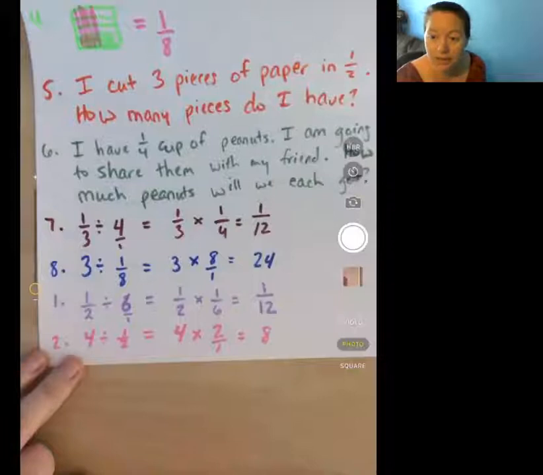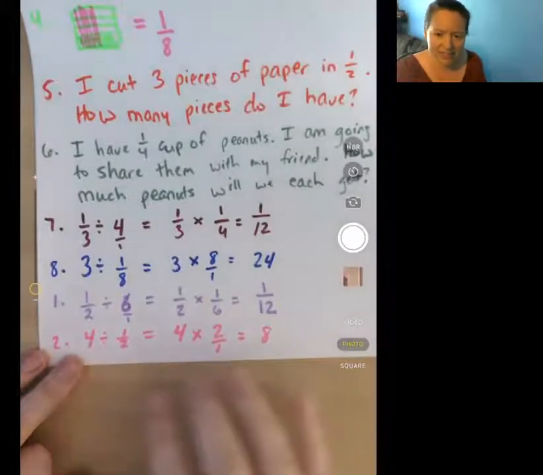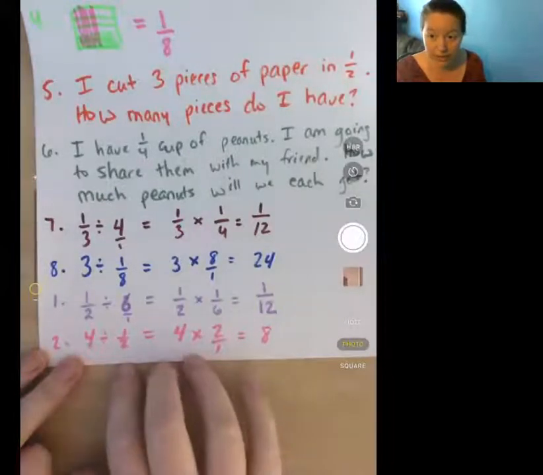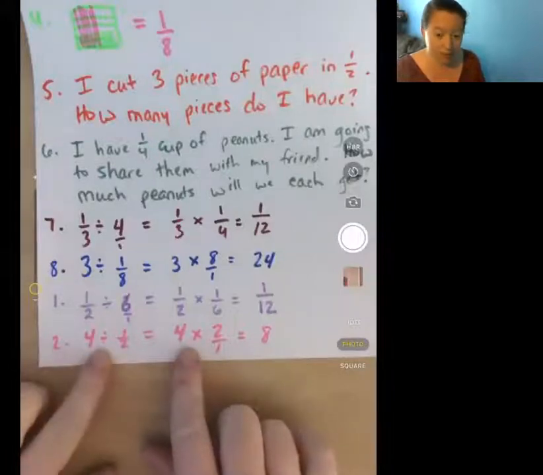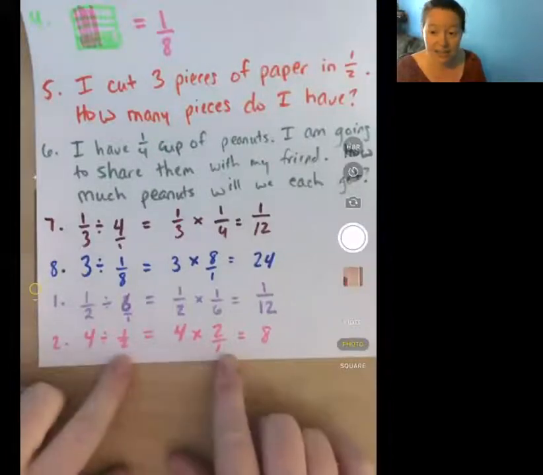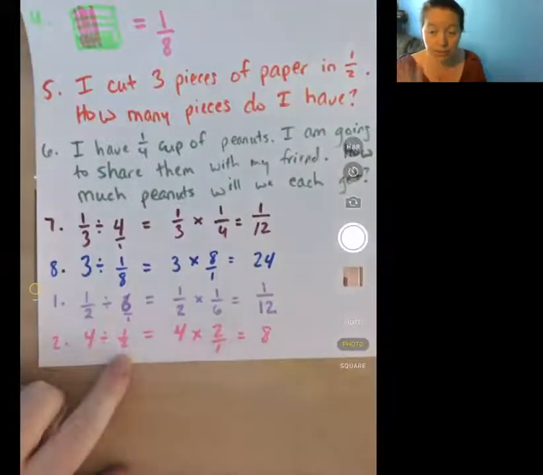If there's one thing that you get out of this section, this is what I really want you to get out of it: that the first number stays the same, the division becomes multiplication, and the second number flips. That is by far the most important part for you going forward.